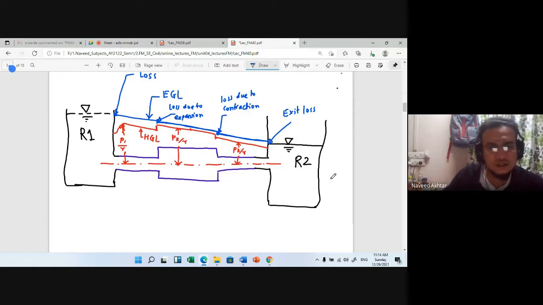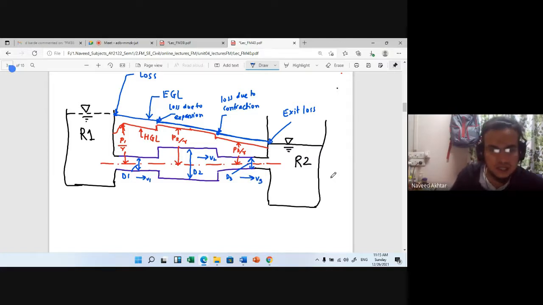And you know that in pipeline 1 the diameter is d1. This diameter is d1, velocity v1. Here diameter d2 and velocity v2. Here diameter d3 and velocity v3.